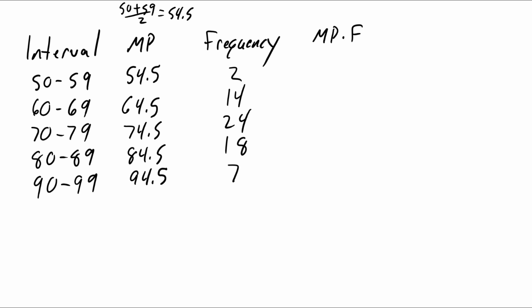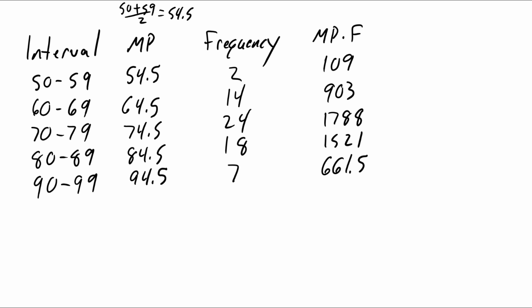So 54.5 times those two scores, that's 109. 64.5 times those 14 scores, 903. 74.5 times those 24 scores, 1,788. 84.5 times 18, 1,521. And then 94.5 times 7, 661.5.